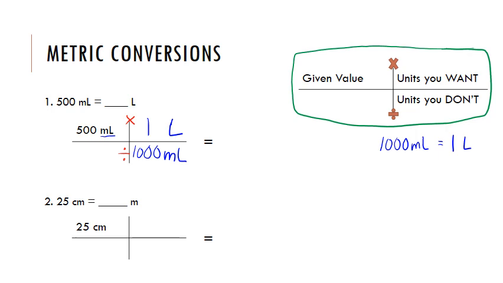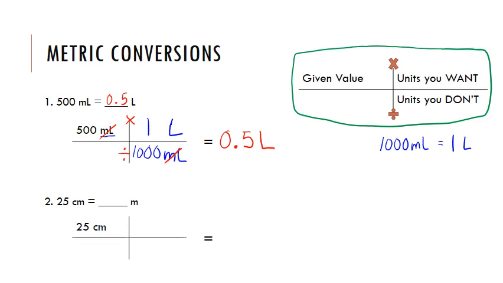So 500 times 1 is 500, divided by 1,000 is 0.5. So we fill that in. The last part is to get our units. When we take our milliliters that we start with and we divide by milliliters, the units cancel each other out, and we are left with just liters. So we record liters for our final answer. So 500 milliliters is equal to 0.5 liters.